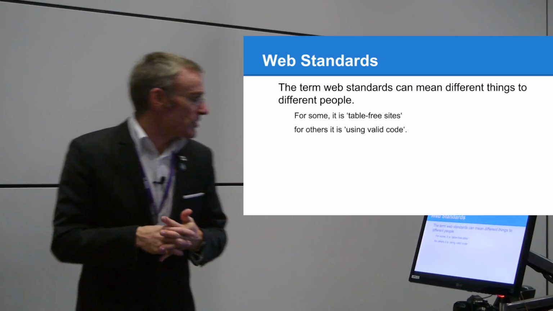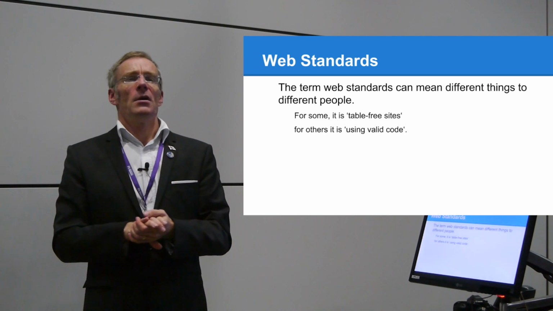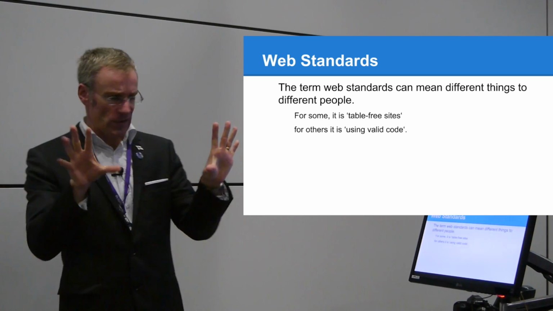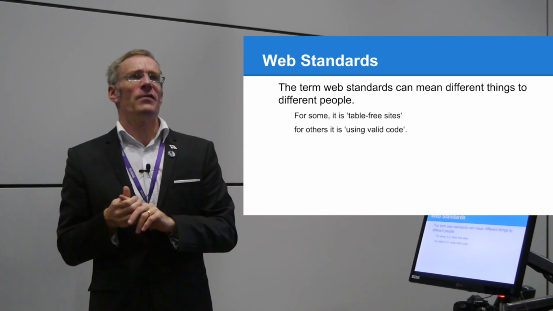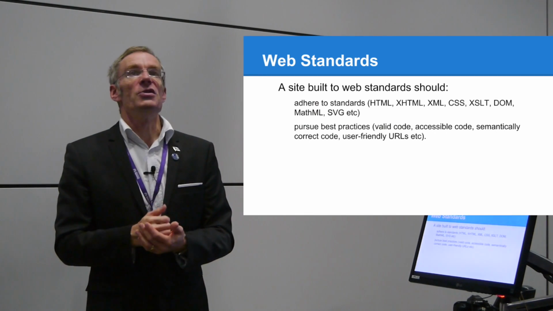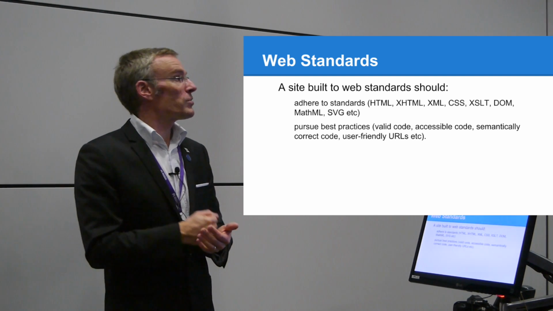Okay, web standards. When you talk about web standards, some people think it means not using tables for the layout of my web page, putting things in table cells for layout. Is my code valid? Does the code validate properly? Web standards means you built your website to the recognized standard technologies.